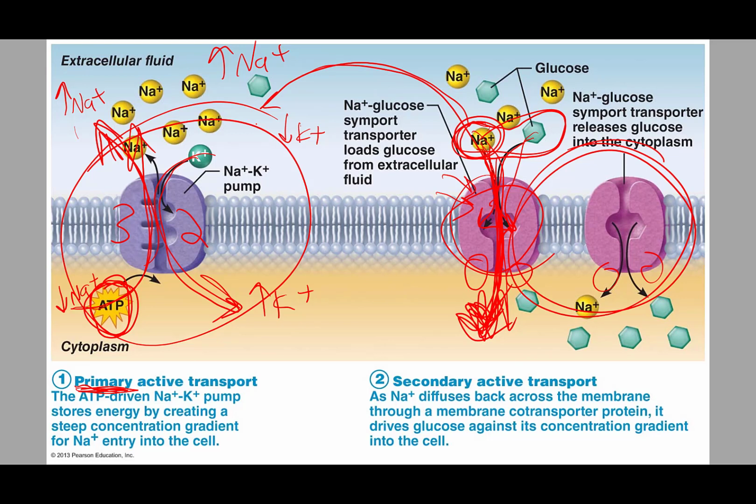So it is active transport. Primary active transport uses ATP directly. Secondary active transport doesn't use ATP, but it depends on a previous step that did use ATP. So it is still ATP dependent. It is secondary active transport.